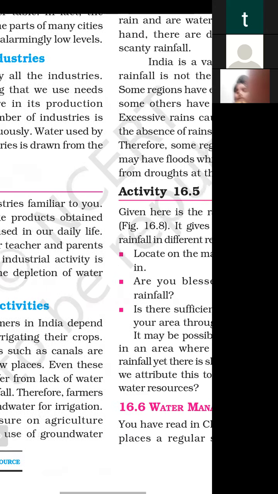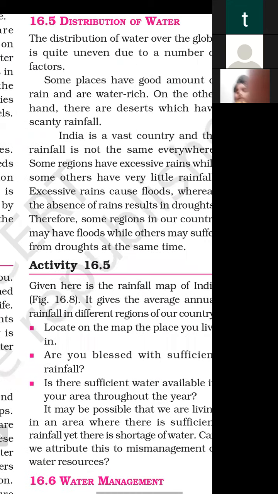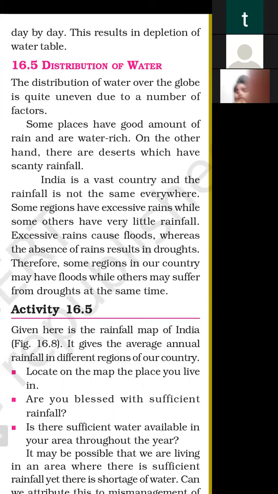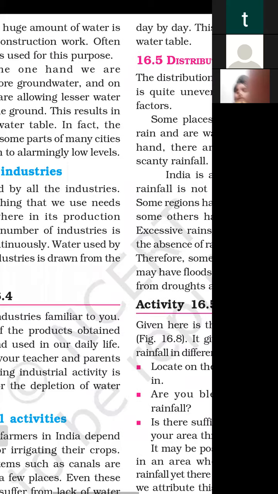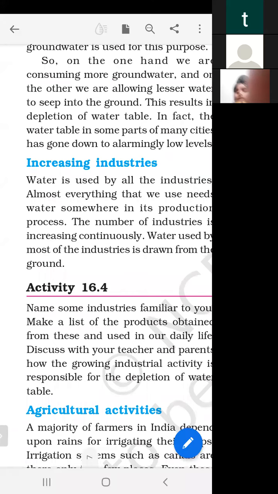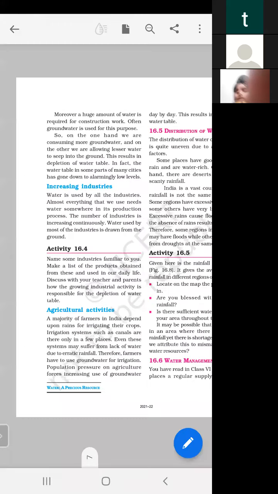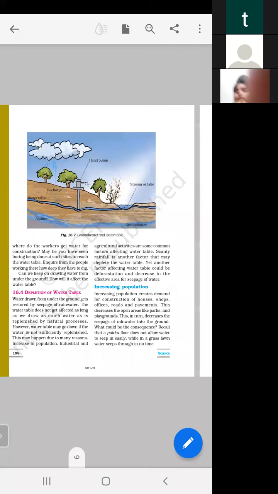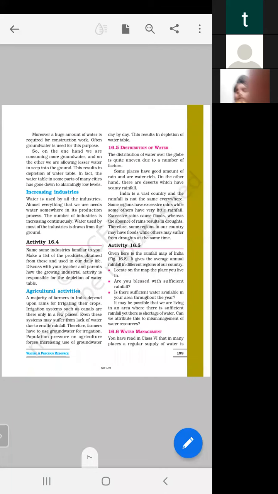Day by day, this results in depletion of the water table. So these are some of the major factors affecting the water table: the first is increasing population, the second is increasing industries, and the third is agricultural activity.